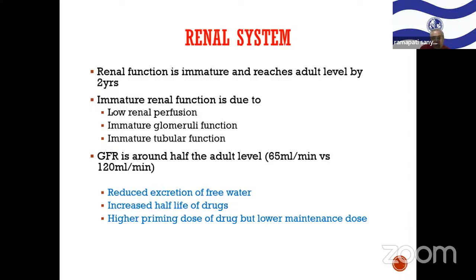So there is a good amount of sodium loss because of this immaturity. So this is also an important part, that hyponatremia is quite common in the neonate and the infant. Please go on to the next one.